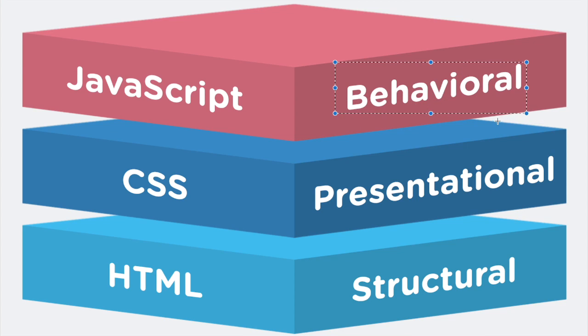I wouldn't describe JavaScript as behavioral, because it's not like a behavior or anything. JavaScript is more, I would describe it as functionality. It adds functionality to a web page and adds interaction.